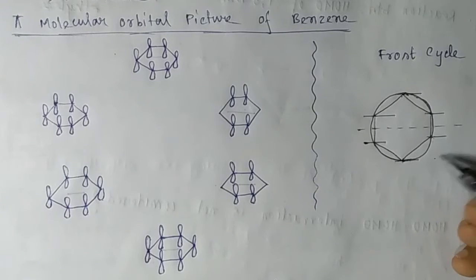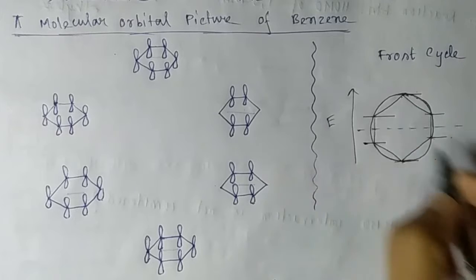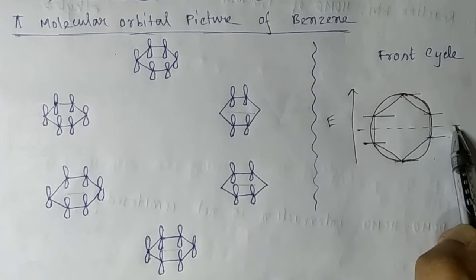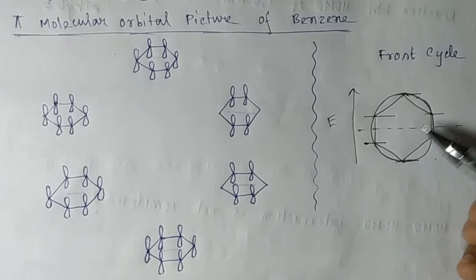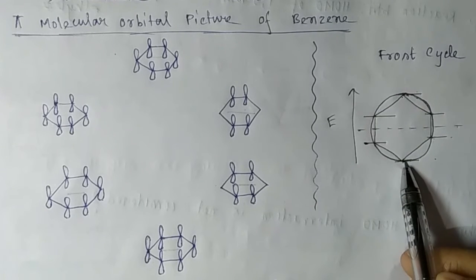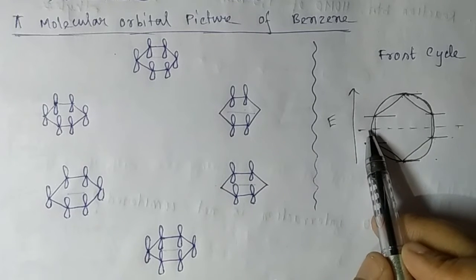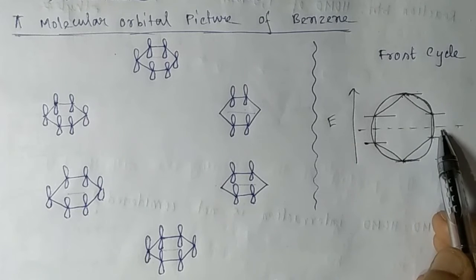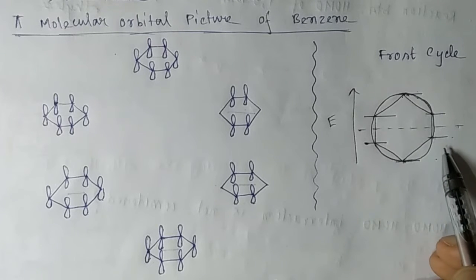So there are definitely 4 energy levels, with energy increasing in this way. This horizontal diameter is the non-bonding or zero level energy, above which there will be antibonding molecular orbitals and below which there will be bonding molecular orbitals. And if there exists any horizontal line along this dashed line, it will be called a non-bonding molecular orbital.